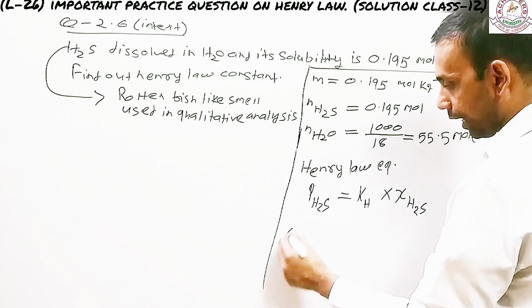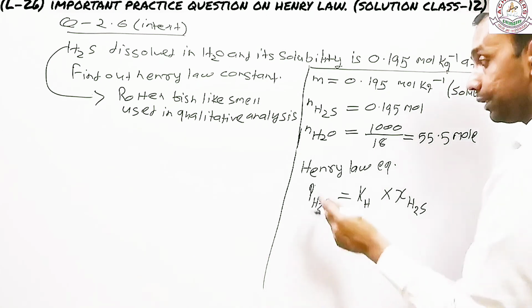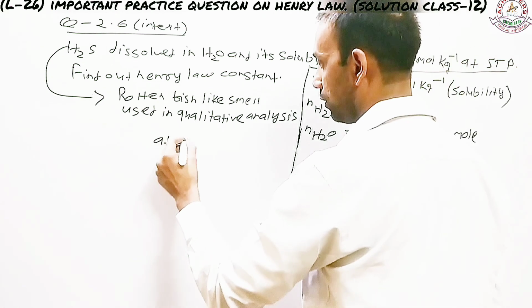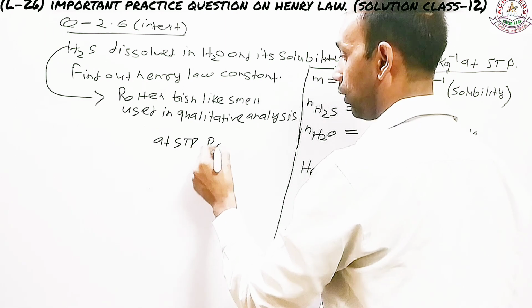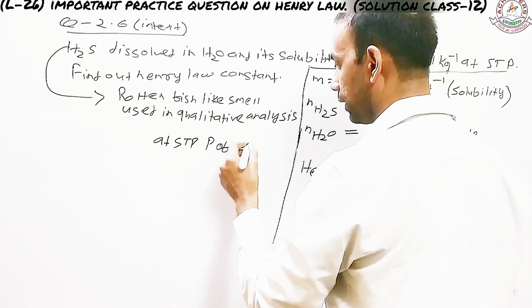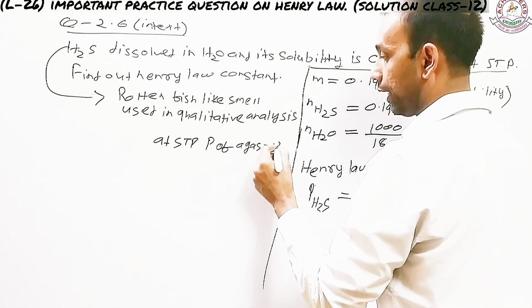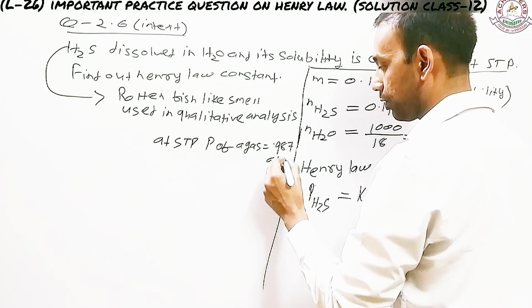Sorry, there is something again here. I will tell you. At STP, the pressure of a gas is equal to 0.987 atm.